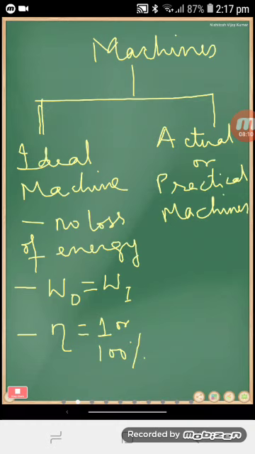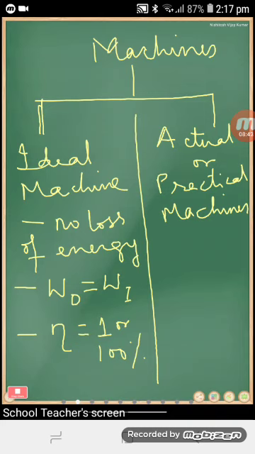So an ideal machine can be defined as a machine in which there is no loss of energy in any condition, that is work output will be equal to work input and efficiency is equal to 100%. Ideal machine is practically impossible. Yes, you can have an efficiency close to 100%, close to 1, but it cannot be equal to 1. I'll just explain why. Let's come to the actual machine.